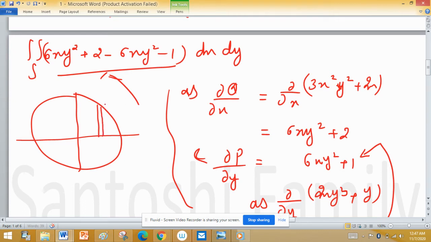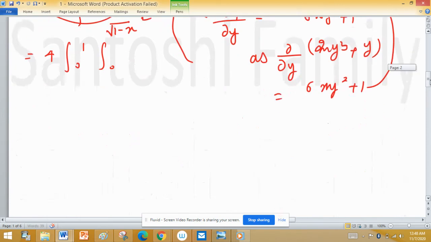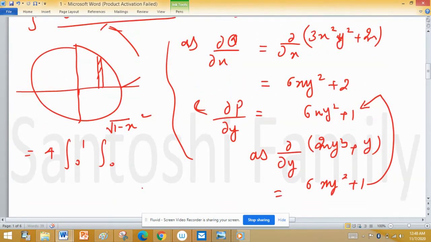So in a rectangular coordinate system, if I compute the surface integral in the first quadrant, then it will be 4 times the integral of x from 0 to 1, because x is going from here to here, 0 to 1, it is a constant limit, and y from 0 to square root of 1 minus x square, as x square plus y square equal to 1.